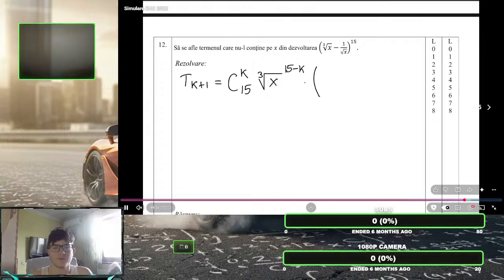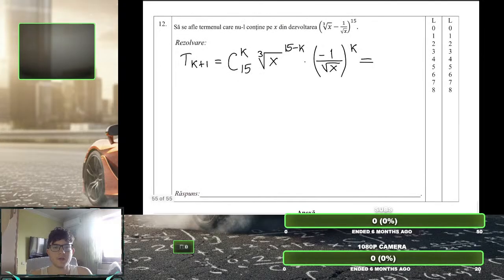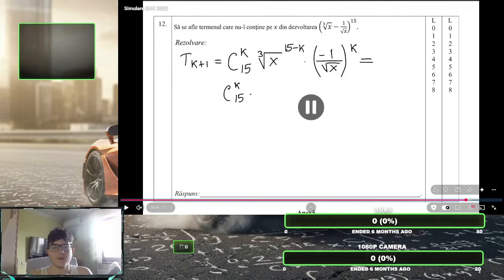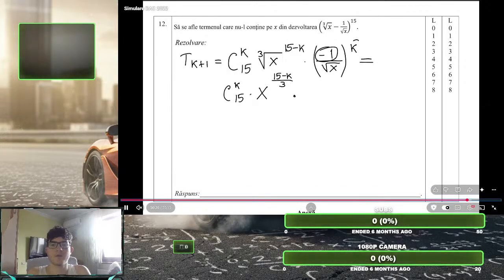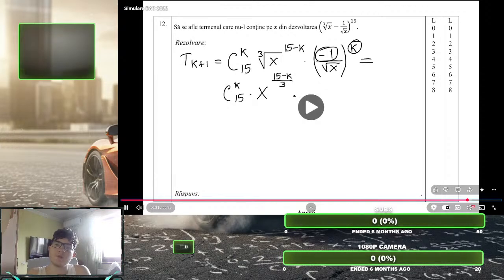Plug it in. 50 minus k, and that to the power of k. Now this equals C(15,k) right there, x to the power of 1 divided by 3 times that power. No problem. So that is going to be 15 minus k divided by 3, and now we can do minus 1 to the power of k, and there 1 divided by square root of x to the power of k.